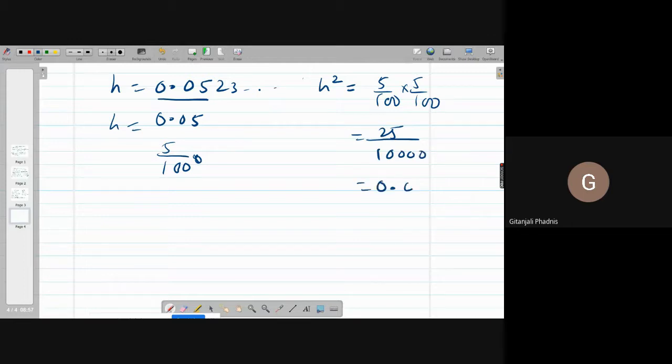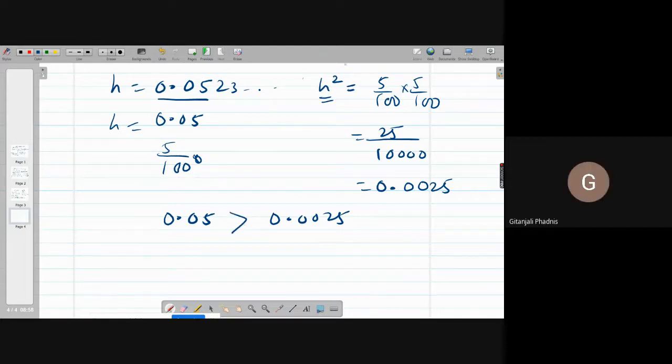So 0.0025. Is that correct? Did I do it correctly? Yes, ma'am. Right. So what can you say about h square? Which one is bigger, 0.05 or 0.0025? 0.05 is the bigger value.